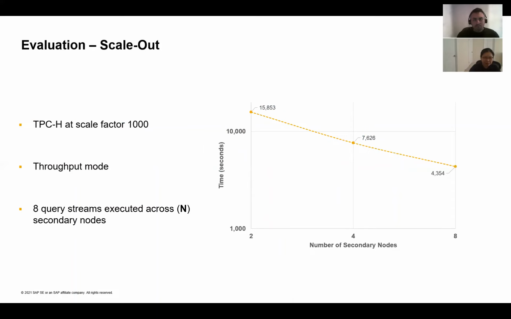In the scale-out experiment, we construct 8 query streams that are pseudo-random permutations of TPC-H 1000. These query streams are run in parallel on a multiplex of 2, 4, and 8 secondary nodes. We can see that the system scales very nicely. When the number of nodes is doubled, it takes almost half of the time to run the queries.